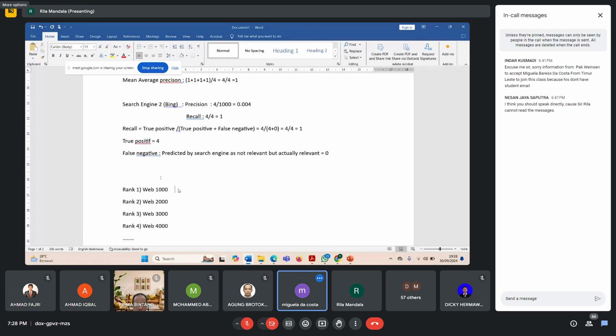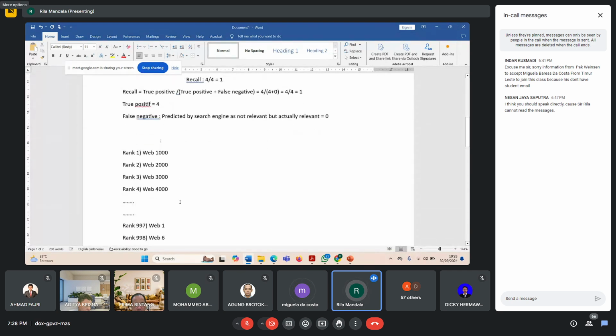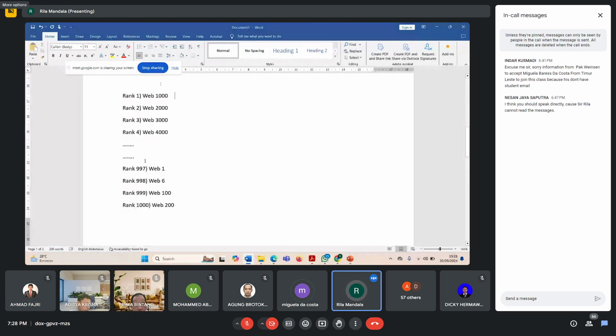No. If it is not a relevant document, do we compute the precision or not? No, because it is not a relevant document. How about rank number 2? Not relevant, so we don't compute. How about rank 3? It's irrelevant, so we don't compute. So from rank 1, 2, 3, 4 until rank 996, because they are not relevant documents, we don't compute the precision.